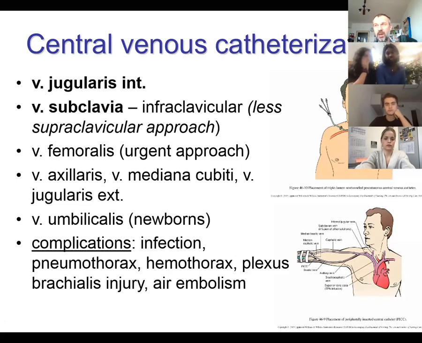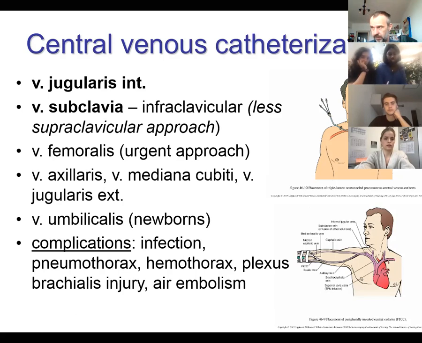For central catheterization, we can also use other veins, the femoral vein, mainly in case we are not able to access the first two mentioned, and then rarely the axillary vein or even the external jugular. And in newborns, where you have the stump of the umbilical cord, you can use the umbilical veins as well.